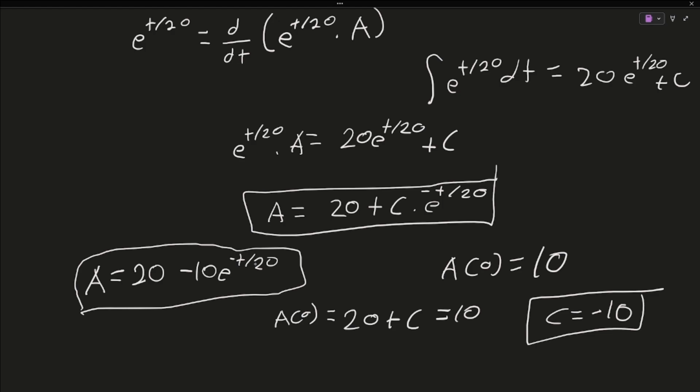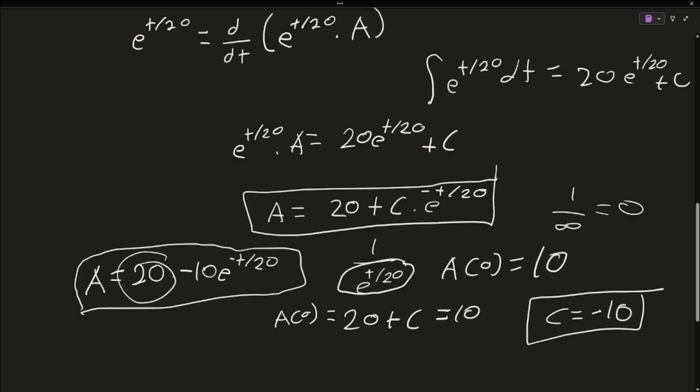Well, the answer is, as t approaches infinity, this e to the minus t over 20 will approach 0, correct? Because we will have 1 over e to the t over 20, and this is approaching infinity, and 1 over infinity is equal to 0. So eventually this part of the function will be equal to 0, so this will be approaching 20.